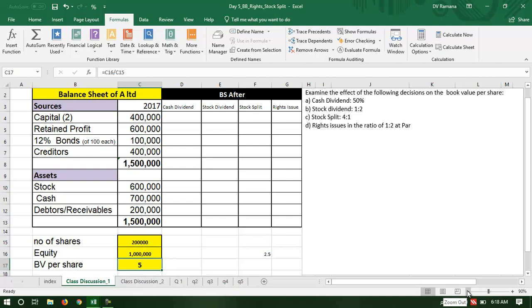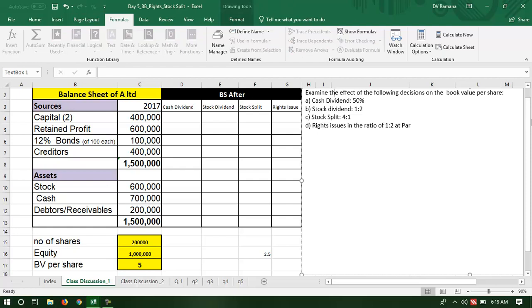Now with this information, we will try to examine what will be the impact of the decisions like cash dividend, stock dividend, stock split and rights issue on the balance sheet and also on the book value per share. So the first decision is the cash dividend.